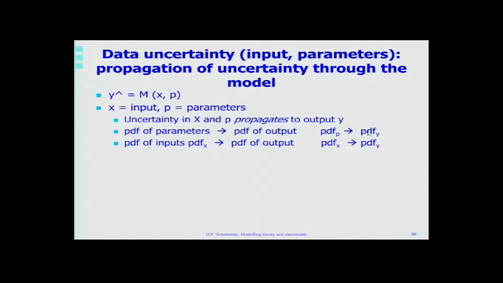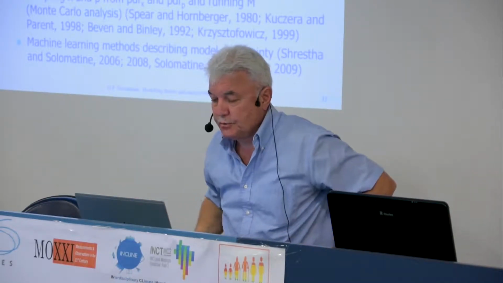If we have the PDF of inputs, it propagates through the model, and we have this relationship, propagation of uncertainty of the inputs to uncertainty of the outputs. Okay? So that's what we call propagation. It means that uncertainty in inputs or in internal parameters propagates, leads to uncertainty of the outputs. That's what propagation means.